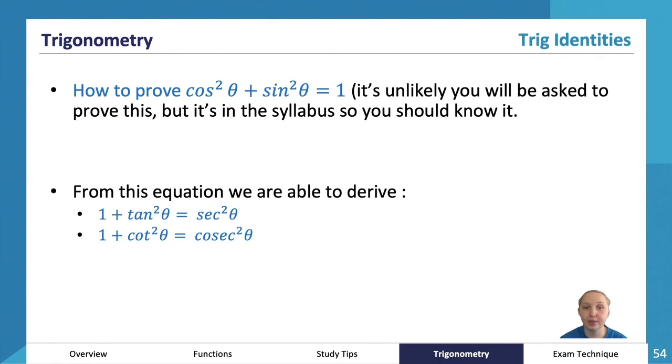And then from that equation, you can derive the other trig identities, that 1 plus tan squared theta equals sec squared theta, and 1 plus cot squared theta equals cosec squared theta. Now, this identity here is on your formula sheet. These two are not, so you do have to know them. And they are super, super, super important to know for when you get questions about trig identities. So we'll have a look at some of those example questions in a little bit, but just knowing that they're there for now is enough.